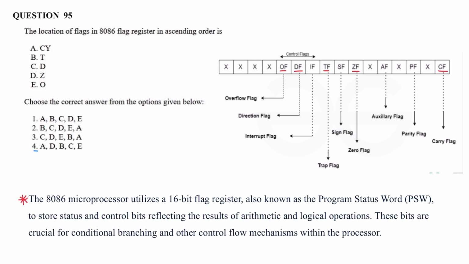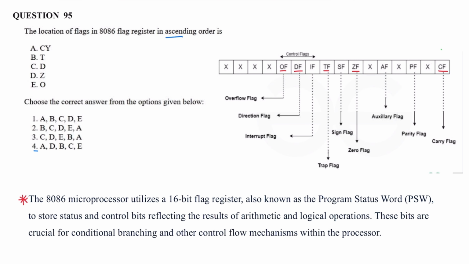Question number 95. The location of flags in the 8086 flag register in ascending order. First one is carry flag, and then zero flag.